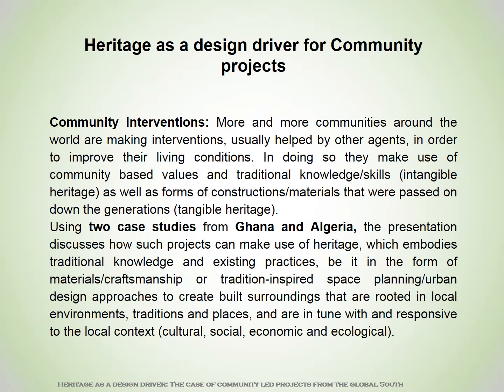For reasons of climate change mitigation or simply to improve their living conditions, communities around the world are taking part in or leading interventions driven by values, needs, and means of production that are part of their heritage. We will use two case studies, one from Ghana and another from Algeria, to show how heritage can inspire and drive the design and production of built surroundings that are rooted in the local context.